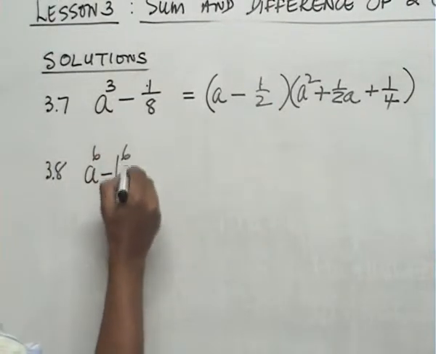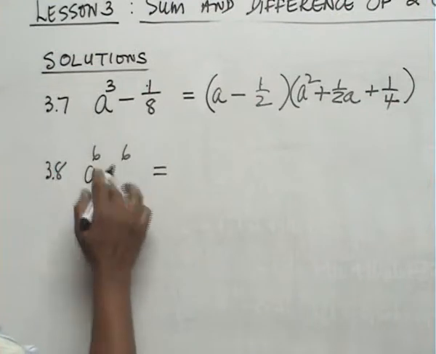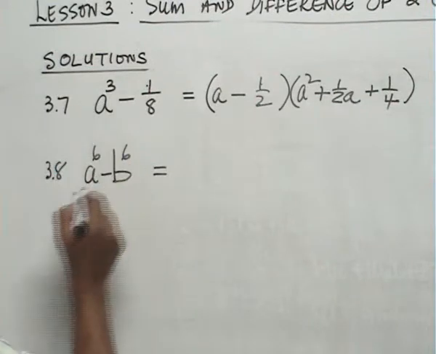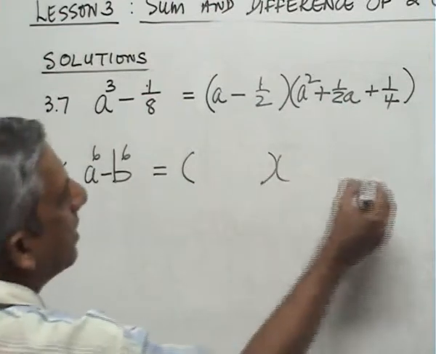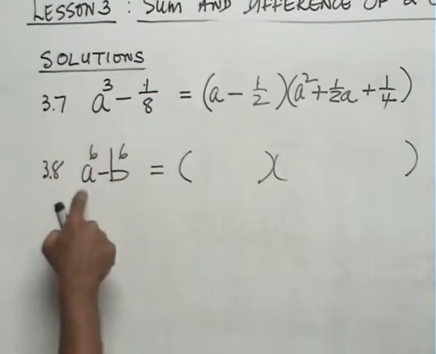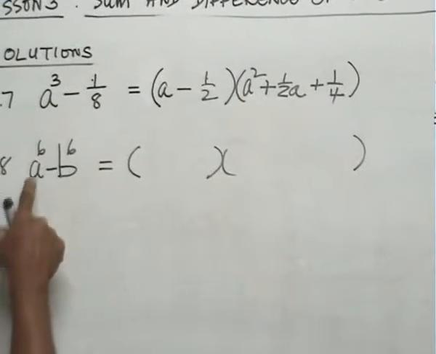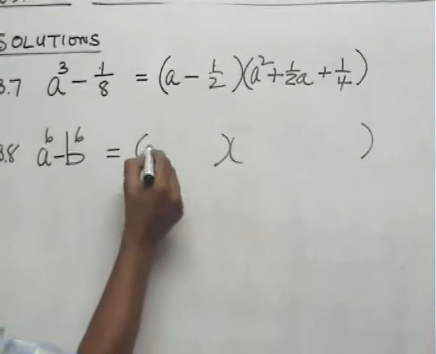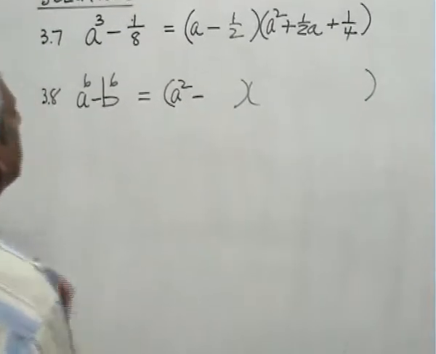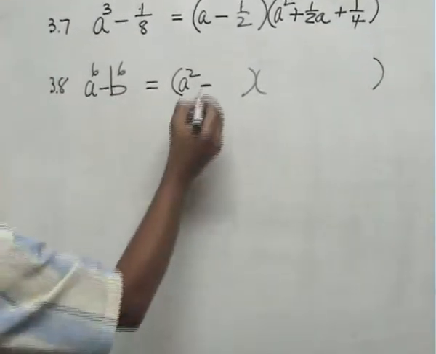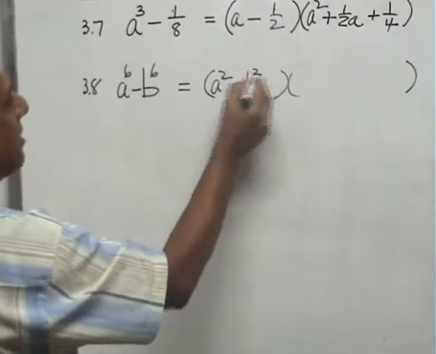3.8. a^6 minus b^6. One small bracket, one big bracket. So, cube root of a to the 6, divide the index by 3. You're left with a squared minus cube root of b to the 6, b squared.